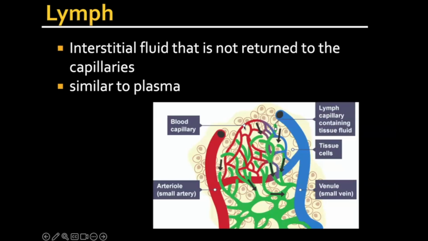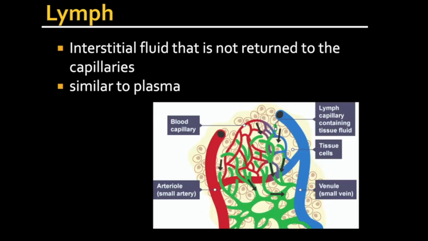And then you have a capillary system here. And then to return the blood to the heart, you have a venule, which is a small vein. In this capillary system, now remember, capillaries are 1 cell thick. The wall is 1 cell thick. It's very thin. They're squamous, simple squamous cells.